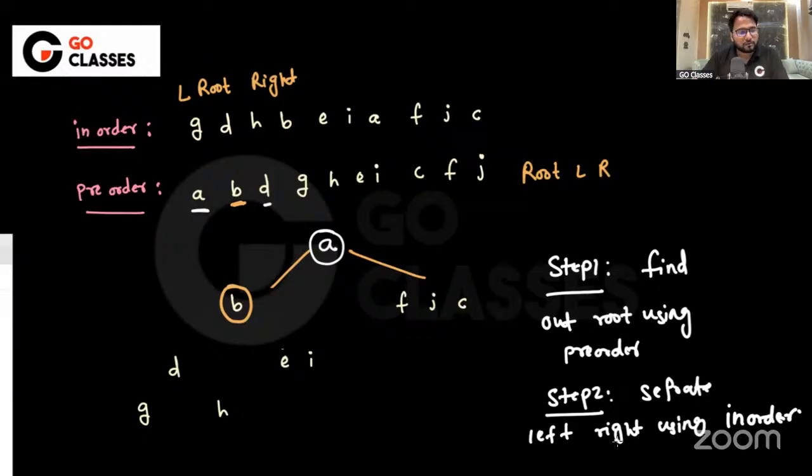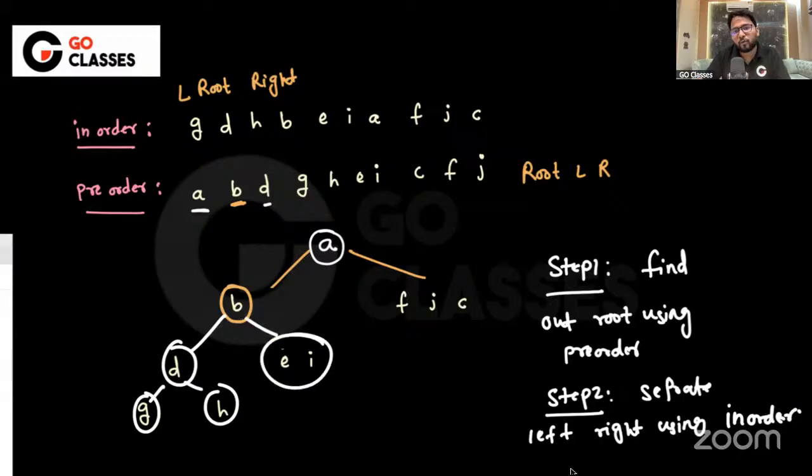Now we have this as left. Here also we have found out what is left and right. Here these two are there. Now what is the root among E and I? Root is E because E is coming first, and automatically I will be on the right.